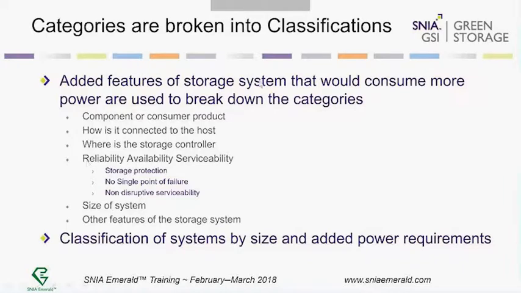And these are the things we've considered to put them into classifications like low, medium, high types of systems. It's really done by considering size and added power requirements as we go up the scale from low to higher classifications of the different categories.